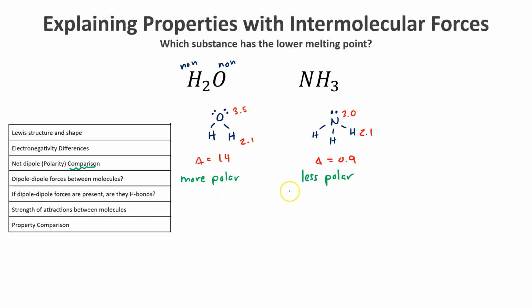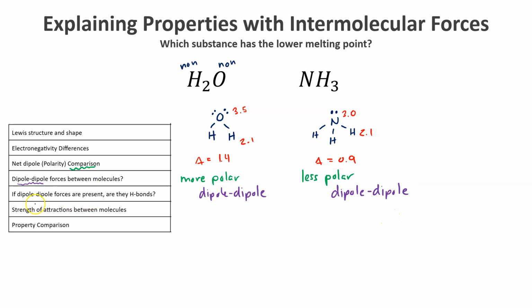Okay, the next question we want to answer is, are there dipole-dipole forces between these molecules? In this example, both water and ammonia, NH3, are polar, and anytime you get polar molecules near one another, they are going to be attracted to each other with dipole-dipole forces. So I'll just label beneath each of these that yes, indeed, both water and ammonia will have dipole-dipoles.